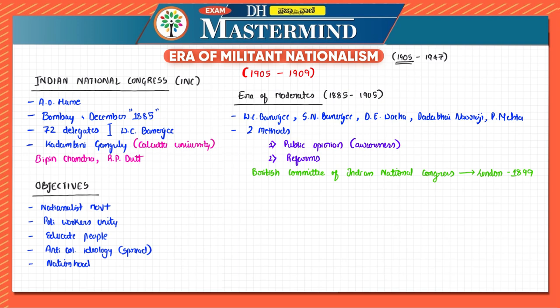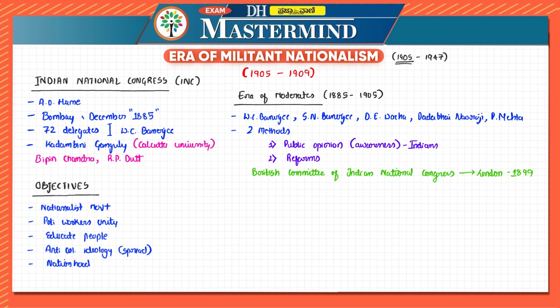Now what was its aim? The public opinion and awareness among Indians was being created by the Indian National Congress here. But the British Committee was making the British Parliament in Britain more aware of the consequences of what was going on in India.